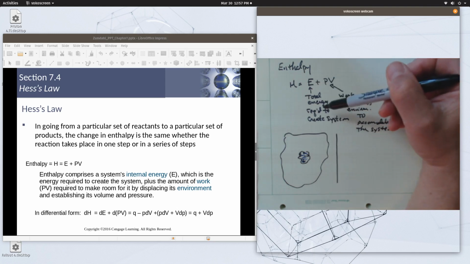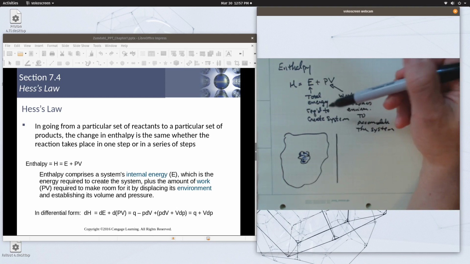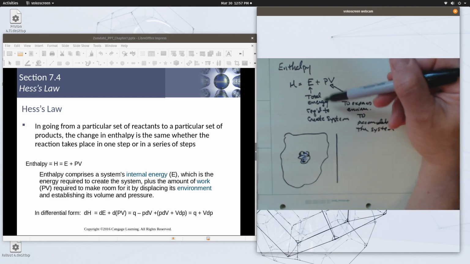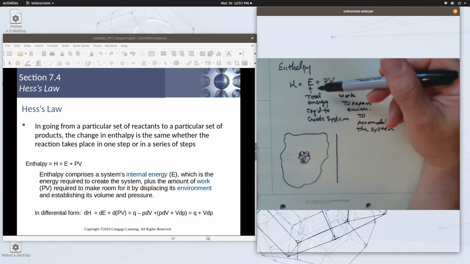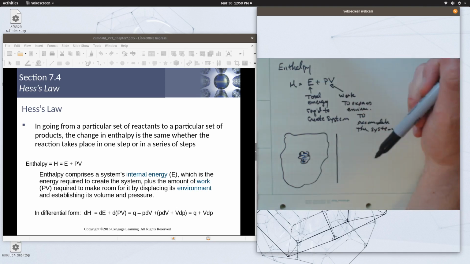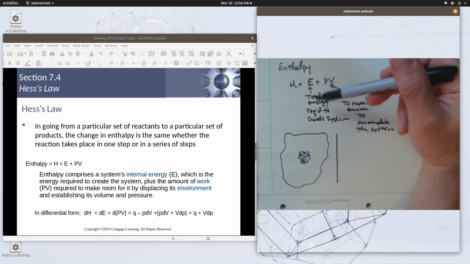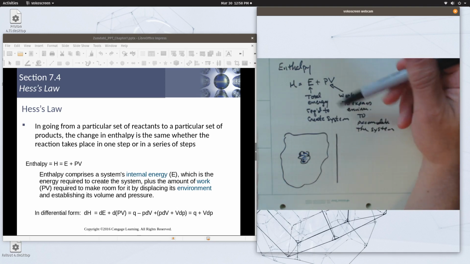And the reason for that is, as I'll explain in a sketch in a moment, that there are many degrees of freedom, things that go into this, and it really is sort of an irrelevant question. What is the total energy of the system? More importantly, it's the change in the total energy. And so what is the change in the enthalpy? What is the change in this total energy plus work to expand the environment to accommodate the system correspond to?